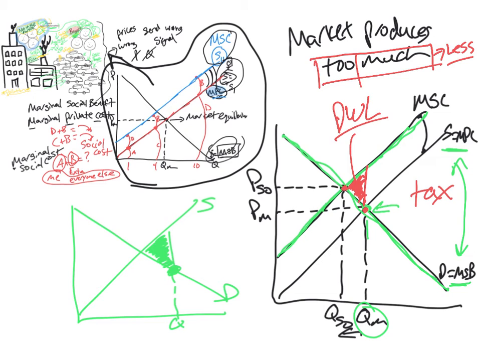Well, the goal, and this is not as simple as it is in our little model here, is to have people internalize that extra cost. So if the extra cost is, let's just make an estimate, say a $5 extra cost imposed upon other people, then we want to shift this curve up by the amount of the externality.